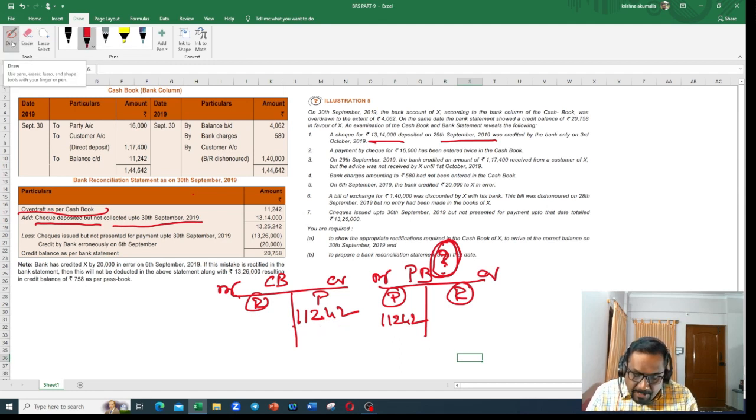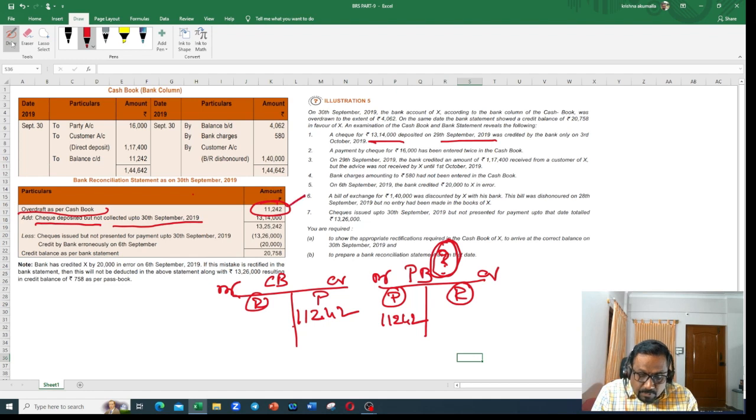A payment of check 16,000 has been entered twice in the cash book. That has already been adjusted in the adjusted cash book, because it was entered twice in the cash book. The mistake happened in the cash book. That cash book adjustment we have done in the adjusted cash book. Since we have already done it in the adjusted cash book, you don't require to bring it into the reconciliation. Why? Because you are taking the adjusted cash book as the balance.